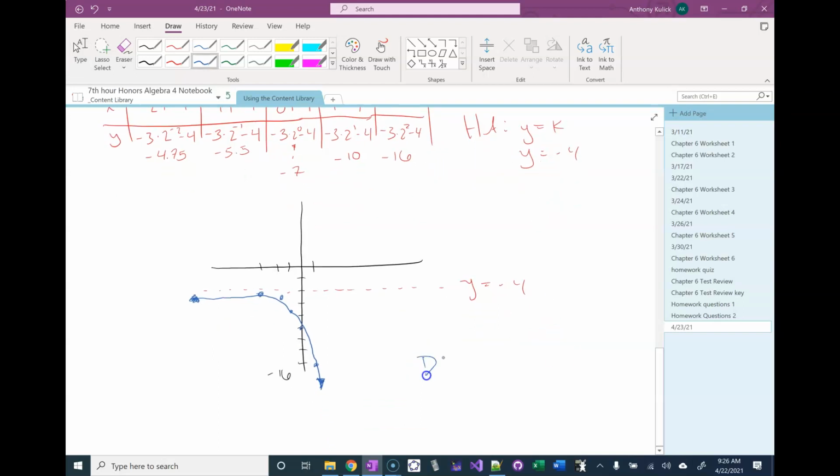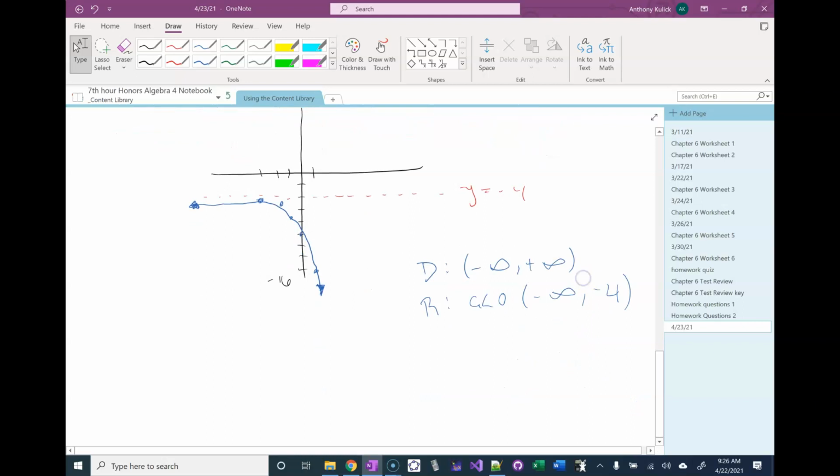So again, the domain for something like this will always be all real numbers, so negative infinity to positive infinity. And since the a is negative, our range is going to go from negative infinity to k. And that's it. Let's do another, and then we'll move on to something else.